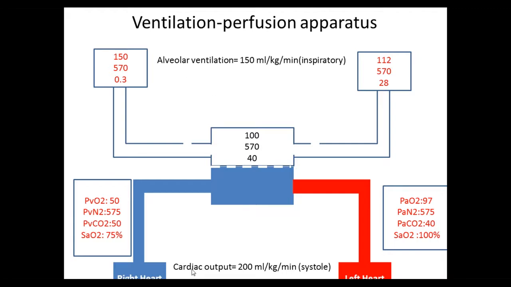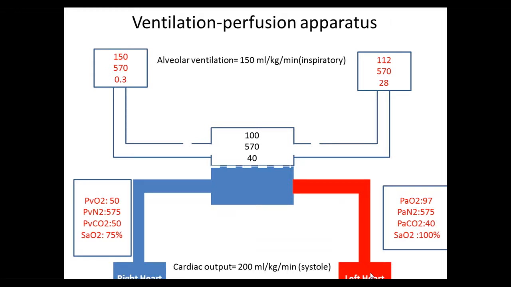On the other side, we have the cardiac output. For each stroke volume, we have around 2 ml of blood ejected through the right ventricle to the left atrium per each beat.